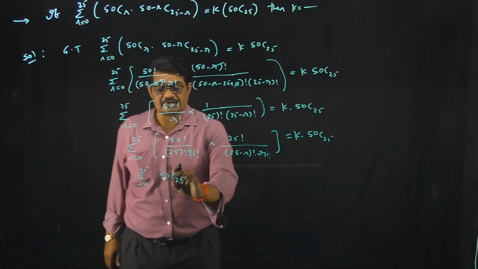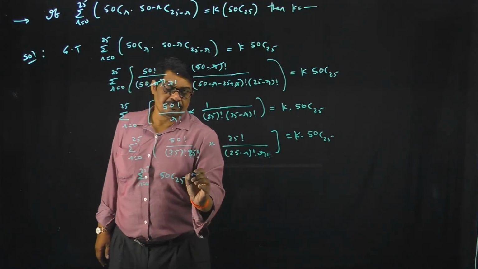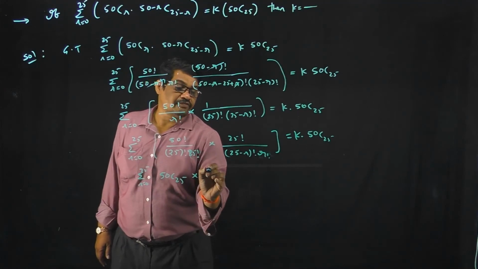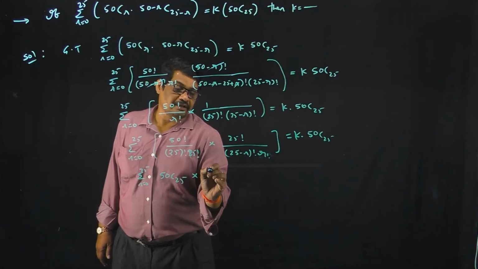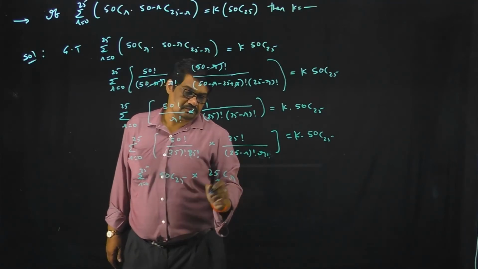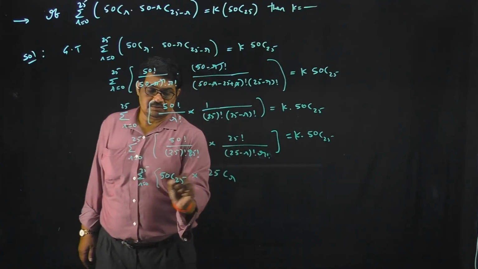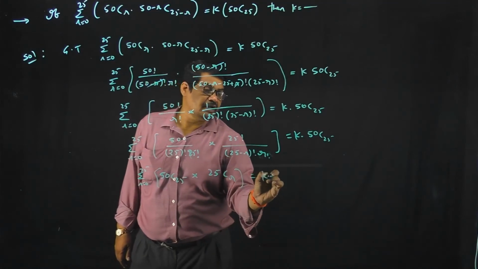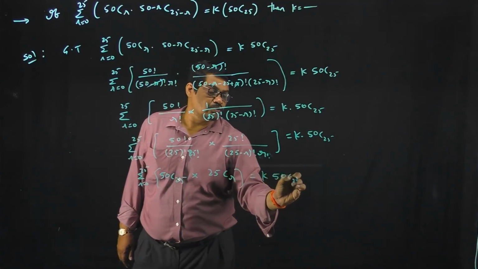This can be written as 50C25 into 25 factorial by (25 minus r) factorial, that is 25Cr. So the expression is k times 50C25.